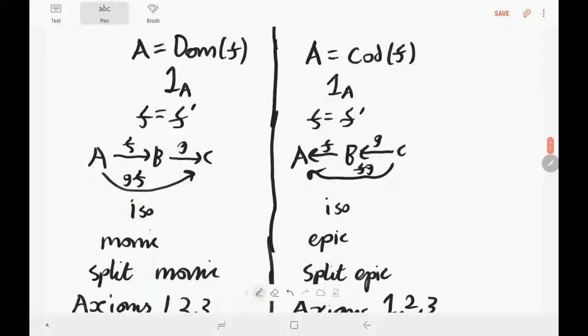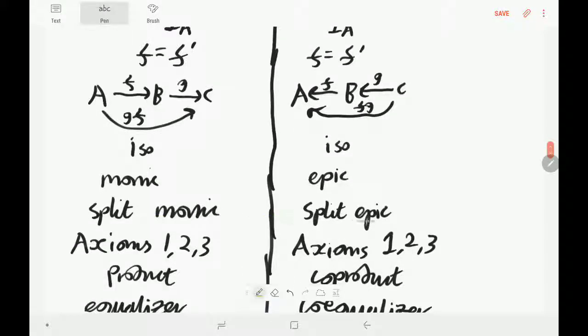Isomorphism is a self-dual concept, so the dual of an isomorphism is an isomorphism. The dual of an epic is a monic. The dual of a split monic is a split epic. The basic axioms of category theory, axioms 1, 2, and 3, are self-dual, so they just become axioms 1, 2, and 3 again. That means we can do this dualization, because the fundamental axioms we're building on are self-dual, so we can always dualize the consequences that we prove from those axioms.